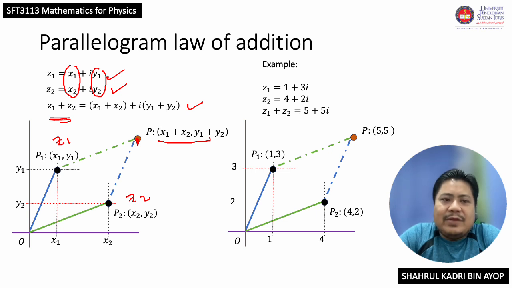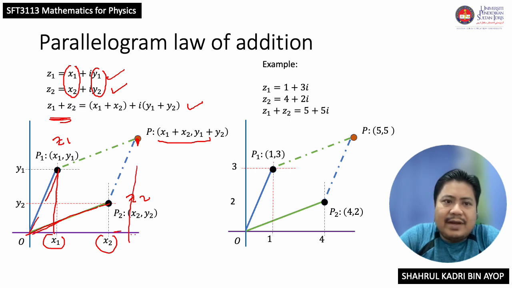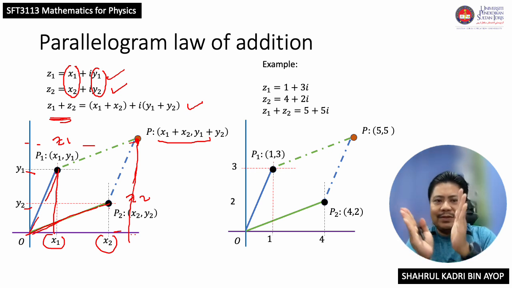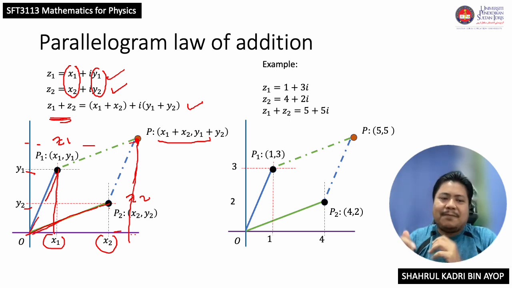Drawing lines from the origin to z1 and to z2, you get x1 plus x2 for the x position and y1 plus y2 for y, so the addition of z1 and z2 builds a parallelogram.